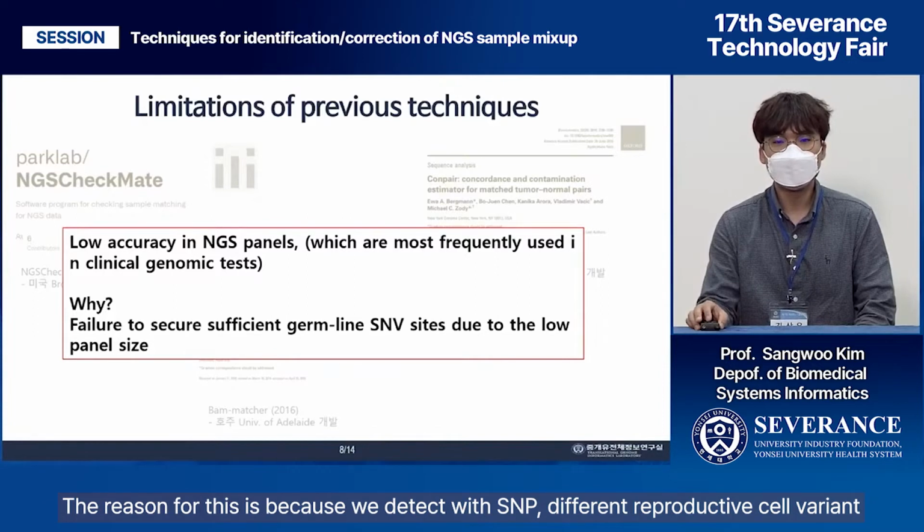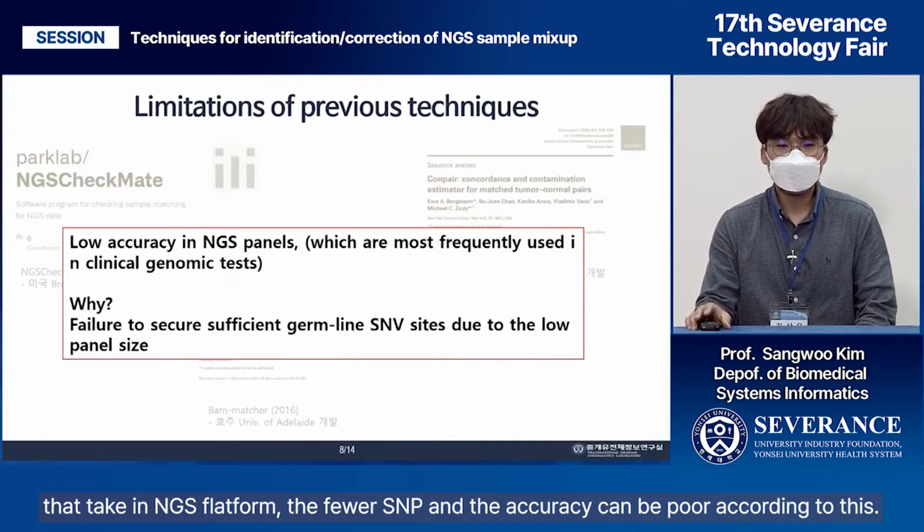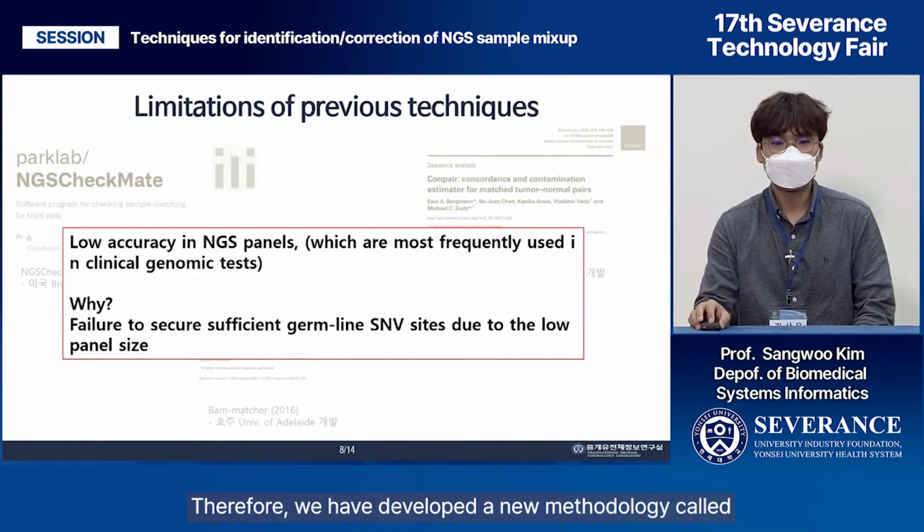The reason is that we detect sample mix-up with SNPs, germline variants that differ between people, and the fewer the genes in the NGS platform, the fewer the SNPs, so the accuracy can be poor.